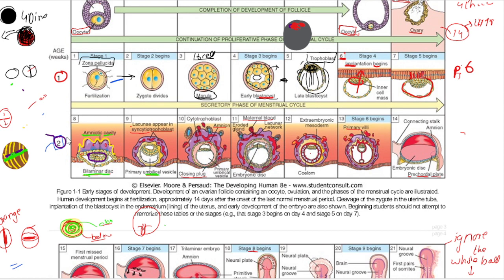Now let's go on to the outer covering, called the trophoblast. The outgrowth of the trophoblast is called the syncytial trophoblast. In the syncytial trophoblast a space is formed that is called lacuna.